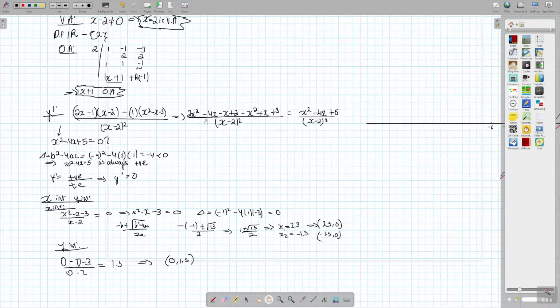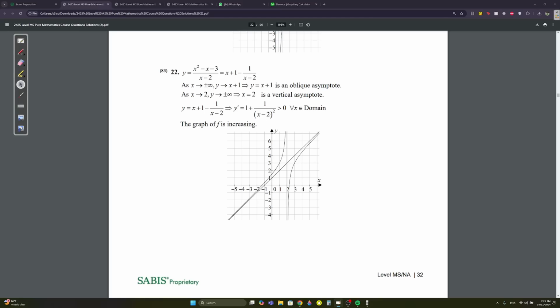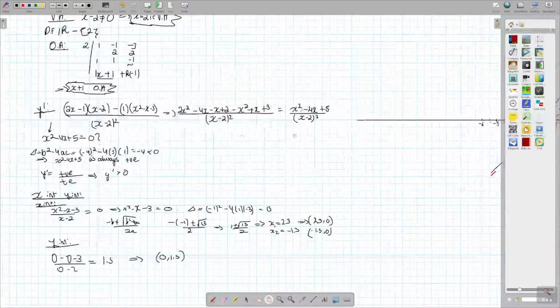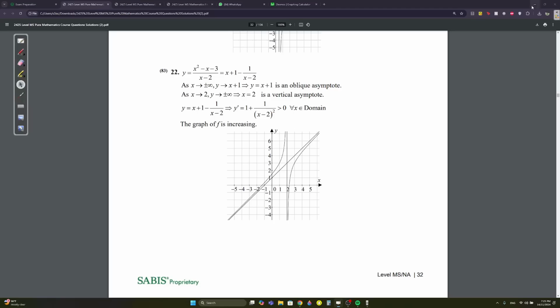And then they said y prime is always positive, which, by the way, if you do this, you'll get this wrong. You're not allowed. You have to show why. You have to show everything you just did. You can't just say it like this. You have to show how you divide it. You can either use long division or the way I did. So here we're done. This is it for curve sketching.